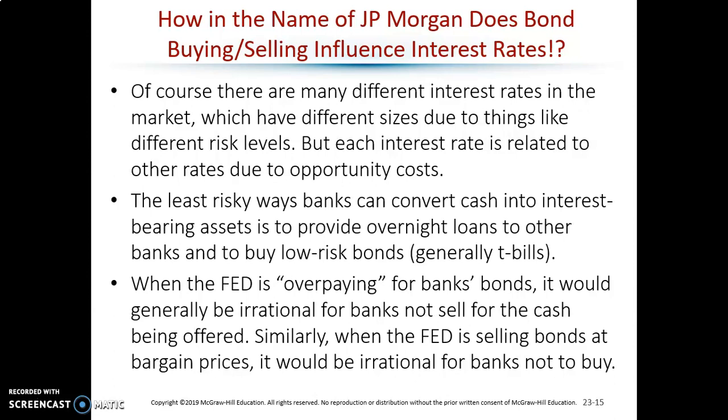There are riskier loans that have higher rates. There are less risky loans that have lower rates. But there are a whole bunch of different rates. So if the Fed looks to buy bonds in bond markets, how on earth is that going to cause interest rates to come down?